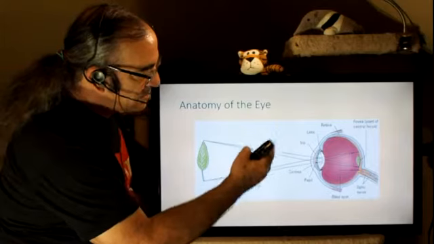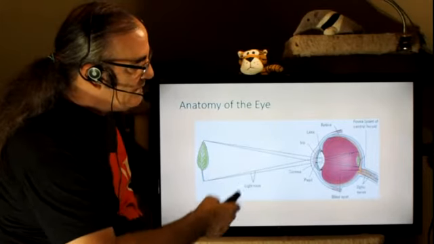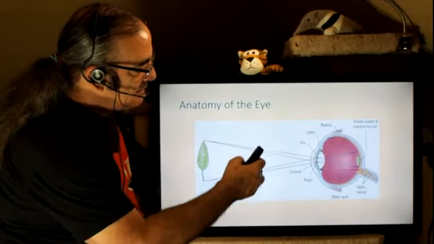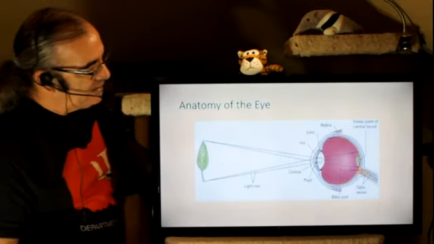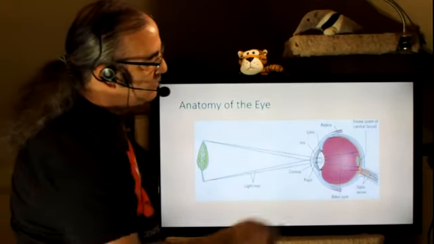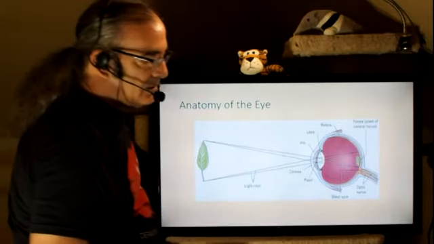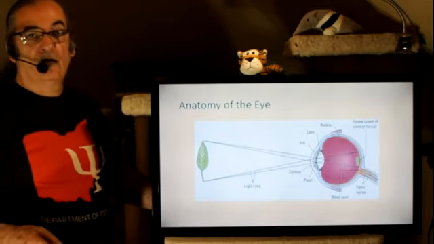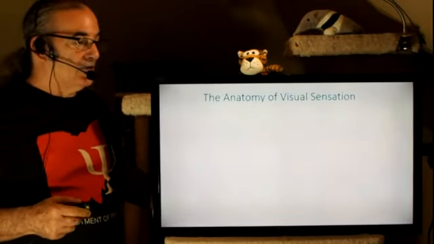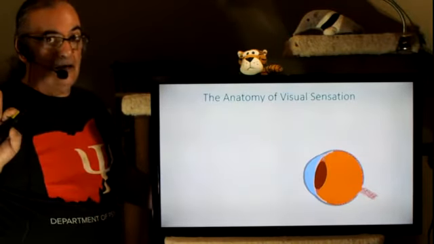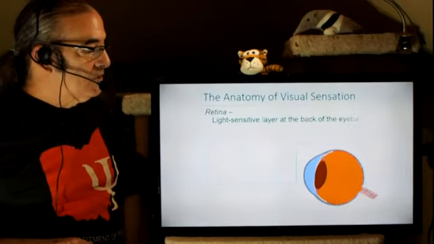The iris can control the amount of light, and the cornea and the lens do the focusing of the light. Then the light winds up on the retina, where the rods and cones, the sensory mechanisms, measure the light intensity and the light quality. So there are two processes going on.